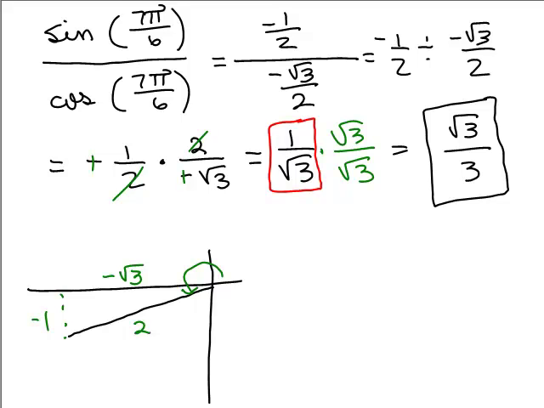And in an earlier video, when we first started doing this, we found out that if we just took the definitions, sine alpha over cosine alpha, when we took the y over r divided by x over r, we got y over x, which ended up being the same thing as tangent of alpha. So it does make sense that if you do the sine of 7 pi over 6 over the cosine of 7 pi over 6, you should, if you do all your arithmetic correctly, get the same thing as the tangent of 7 pi over 6.